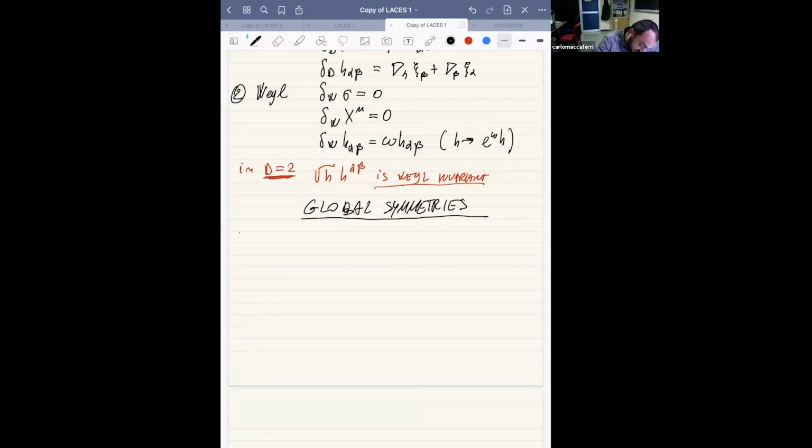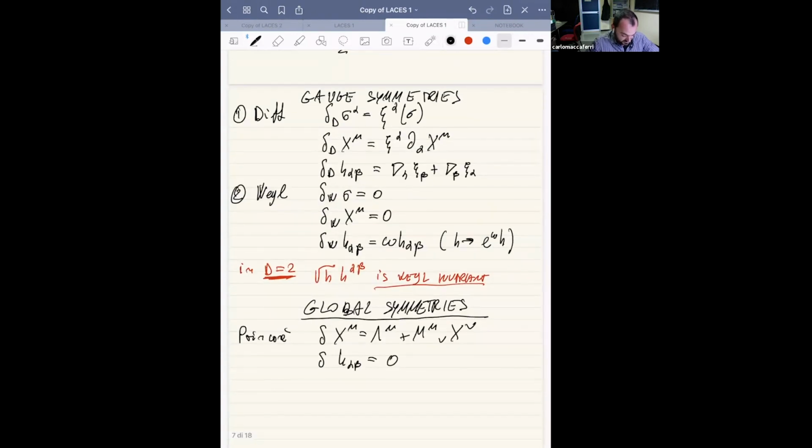So there is Poincare, which, as all of you know, can be written in this way, M mu nu x nu, and Poincare, of course, does not act on the worldsheet metric. Okay, so if there are no questions, we can now proceed.